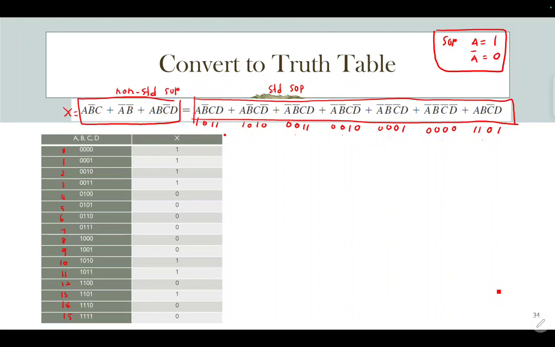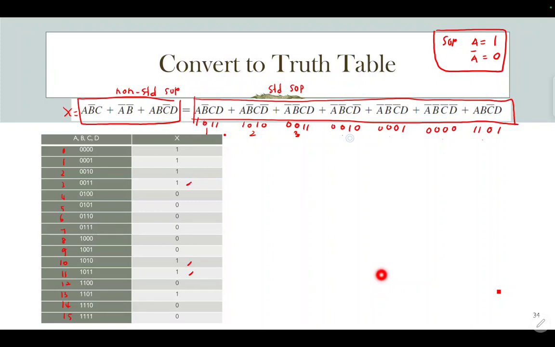Number 1 should be placed in the X here. So by looking here, 1011 is here, number 1. Number 2, 1010 is here. Number 3, 0011 is here.